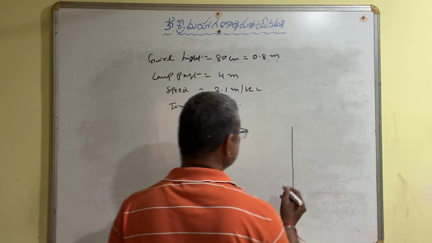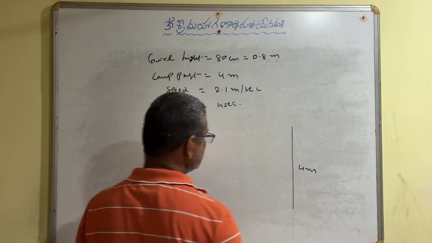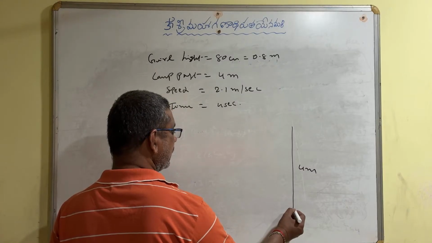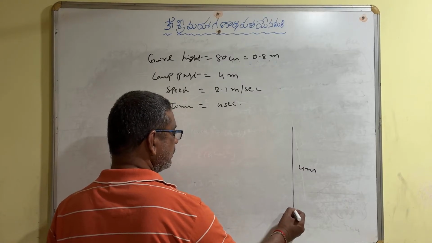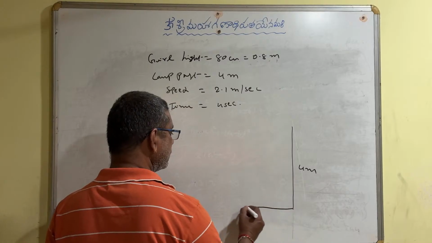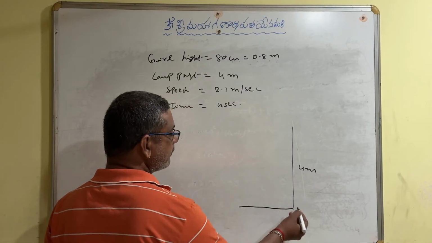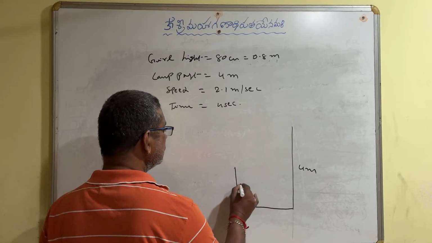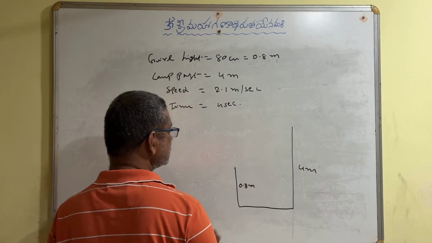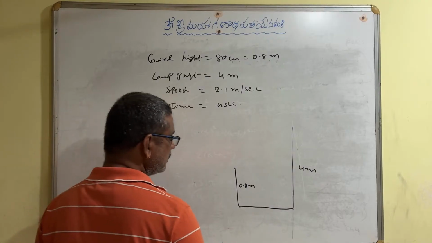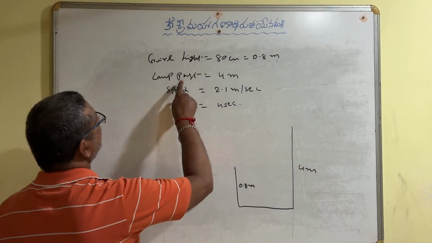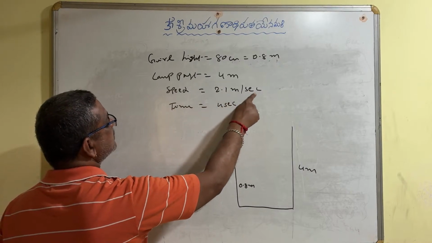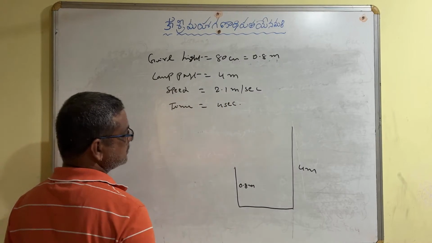This is the lamp post, 4 meters high. Initially the girl was standing over here. Now she is walking away from the lamp post and the height of the girl is 0.8 meters. She is walking at a rate of 2.1 meters per second and she walked for 4 seconds.